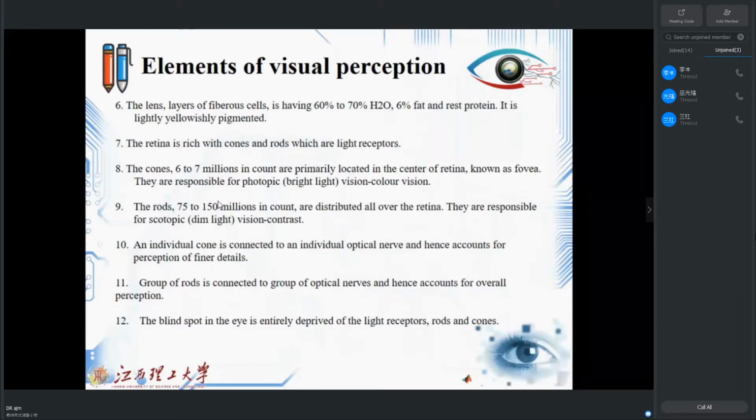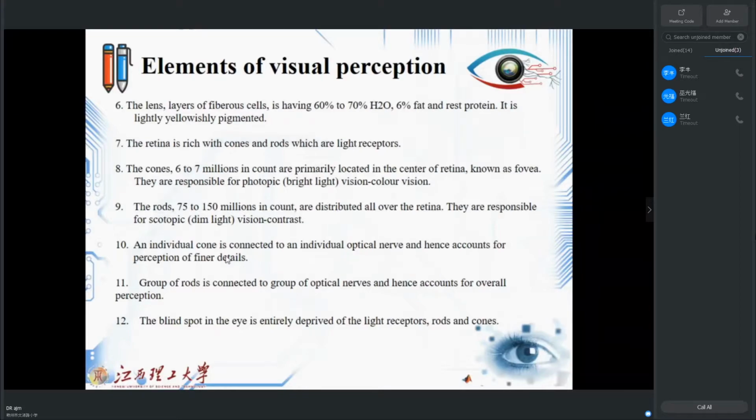The retina is rich with cones and rods, which are light receptors, and the cones, 6 to 7 million in count, are permanently located in the center of the retina, which we call the fovea, and they are responsible for photopic, that is bright light vision and color. We have rods, numbering 75 to 150 million, distributed all over the retina, and they are responsible for scotopic, meaning dim light and vision contrast.